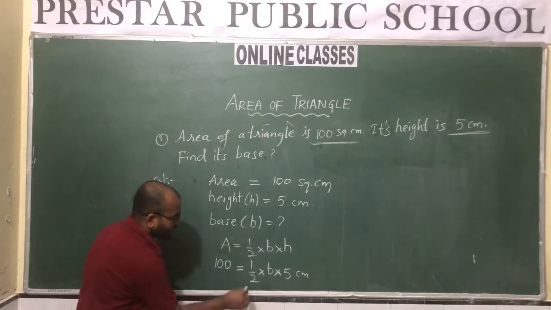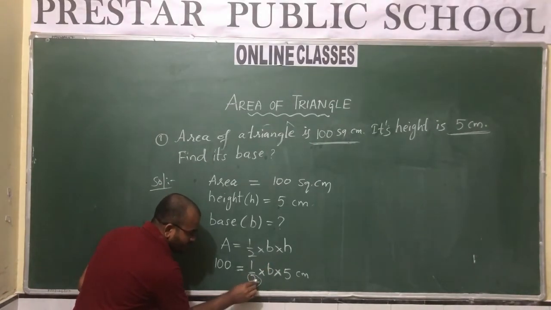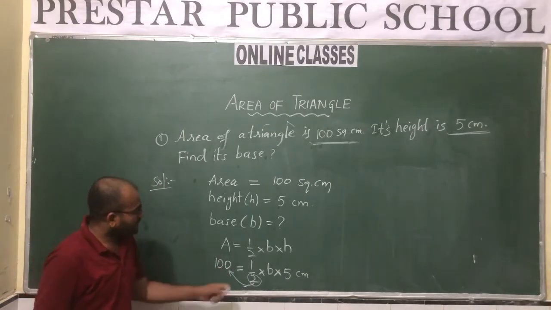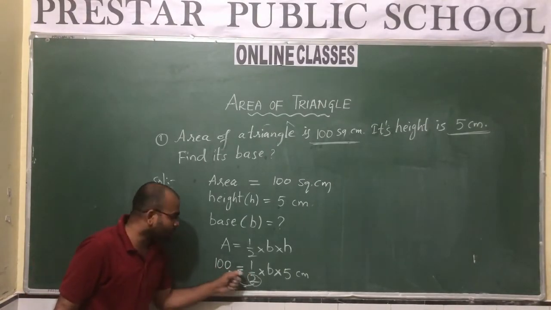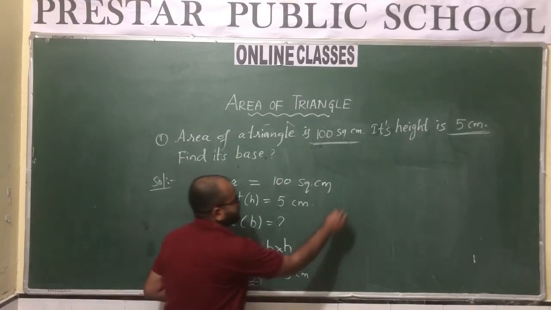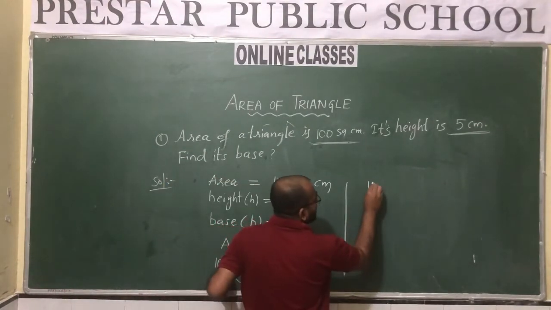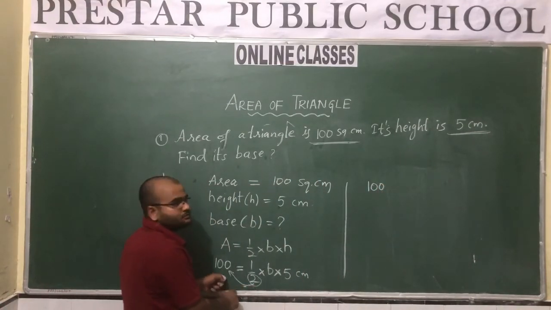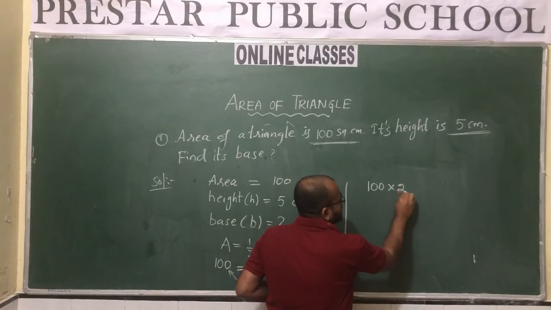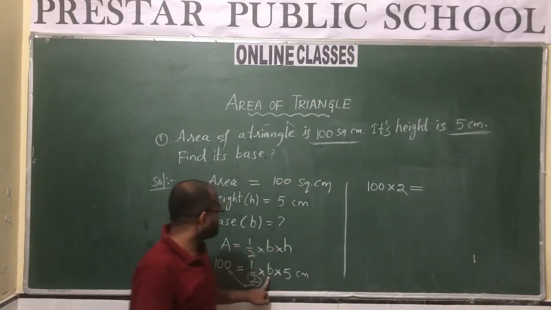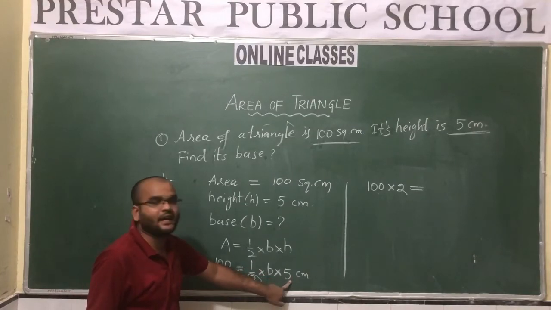No. So here one denominator is present. Send this denominator to the left hand side. It is in division. After going to the left hand side, it becomes multiplication. Already on the left side we have 100. Now additionally 2 is coming. So multiplication: 100 into 2 equals 1 into B into 5.